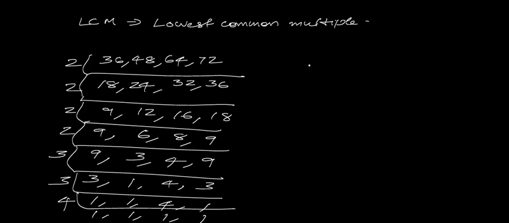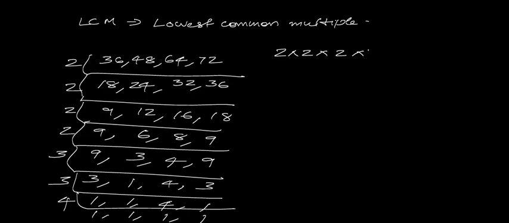So we can multiply all these divisors. What do we get after multiplication of all these divisors? That is 2 into 2 into 2 into 2, how many 2s are there? 1, 2, 3, 4.